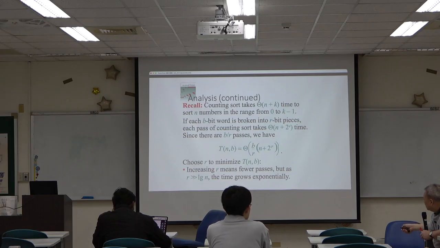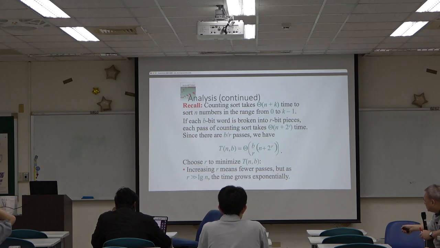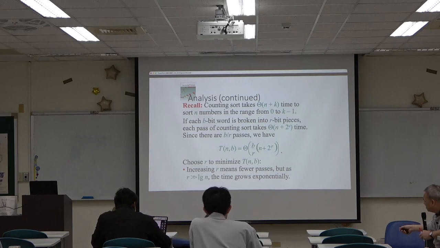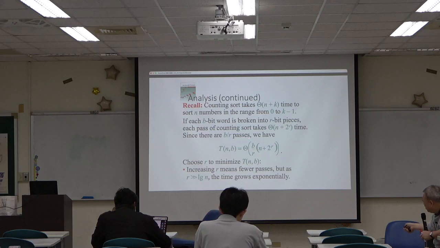Since there are b divided by r passes, the time complexity T of n, b, where b may become a variable considered in the time complexity, is theta of b divided by r times n plus 2 to the power r.